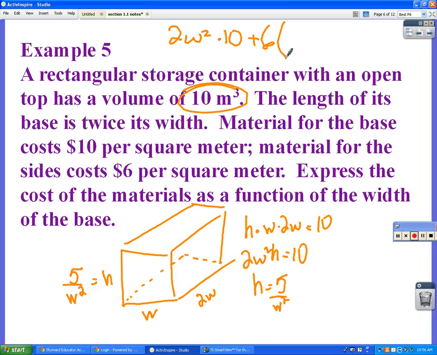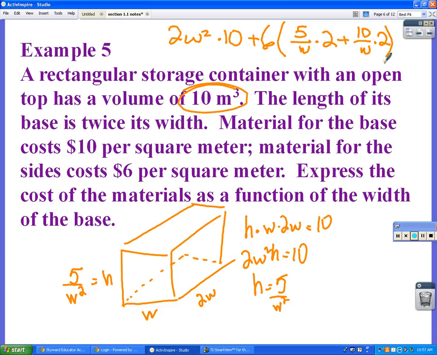How many faces have that as their area? 2. Take that times 2 plus, what's the area of the side going to be? 10 over W. Good. 2W times 5 over W squared. So 2 times 5 is 10. This W cancels with one of those down there, so that's going to be 10 over W. And again, there's 2 of those.